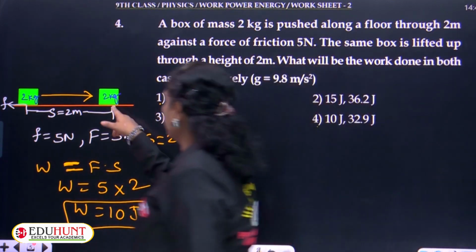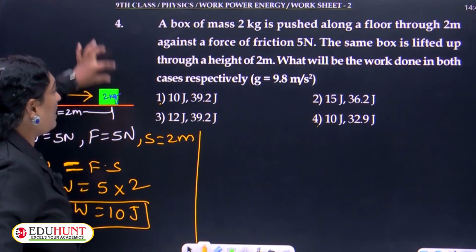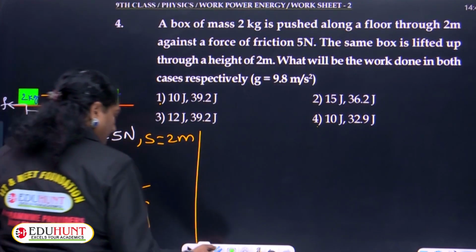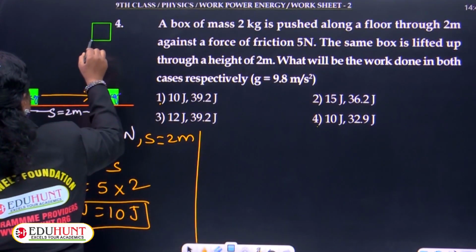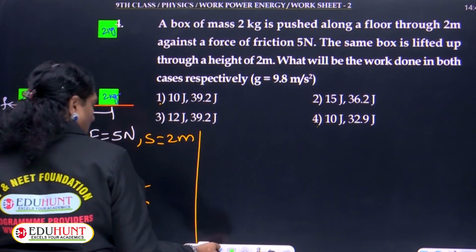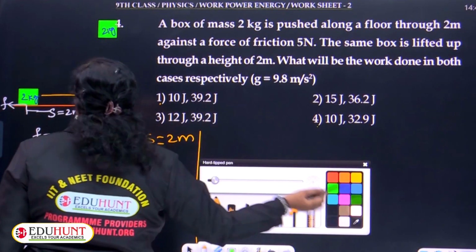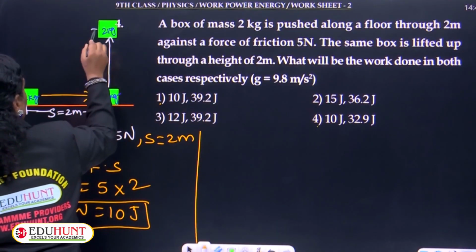So the same box is now lifted up through some height. When the block is lifted up to a certain height, the mass of the block is 2 kg, and given that it was lifted by a height of, how much is the height, children?